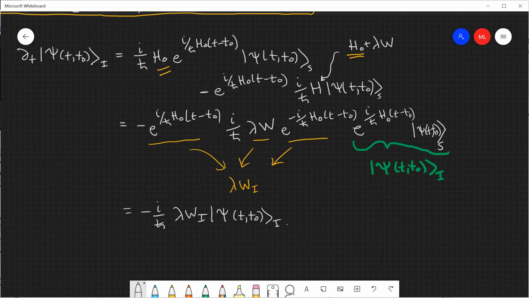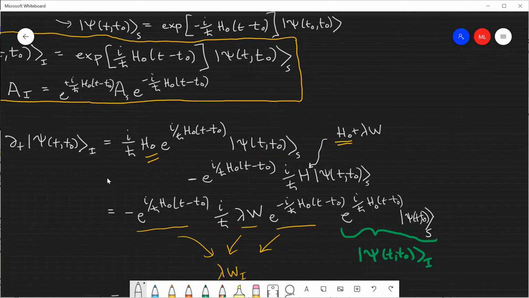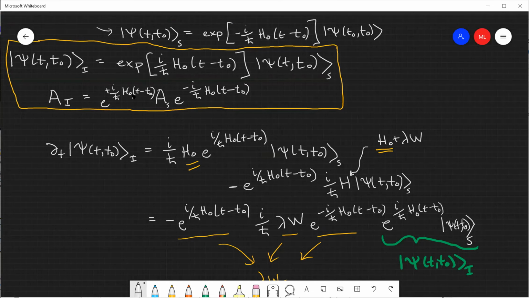W_I is not the same as W. Okay. And of course, your operators, unlike in the Schrodinger picture, will have some time dependence now because they're defined according to this time evolution.